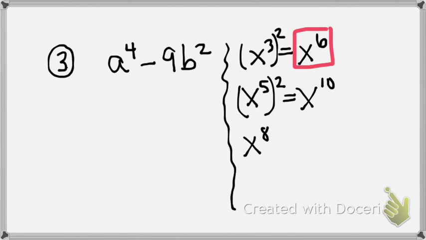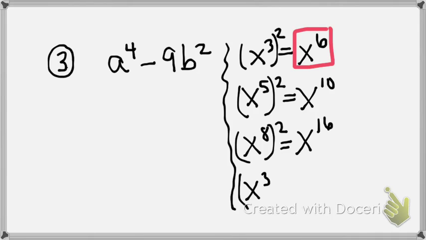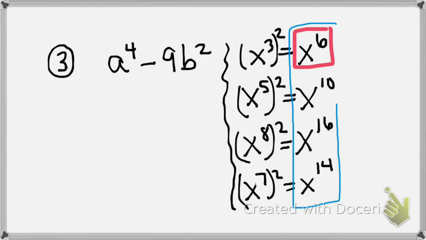Well, how about x to the 8th? Square that. That gets me x to the 16th. And I could keep going on and on with this. I already picked 3, so let's pick a different value. Let's do 7 squared, x to the 14th. What do you notice about all of the exponents in all of these perfect squares?